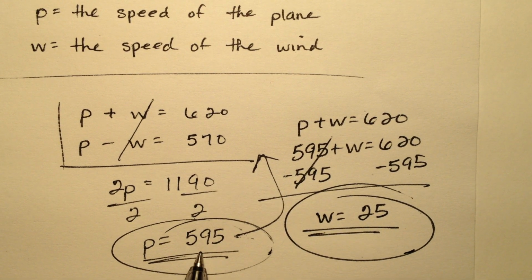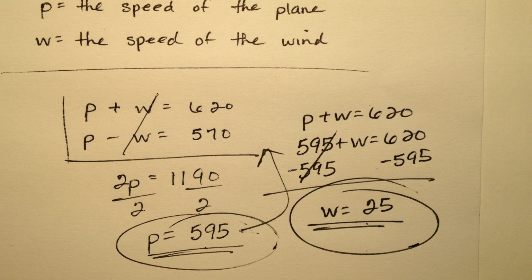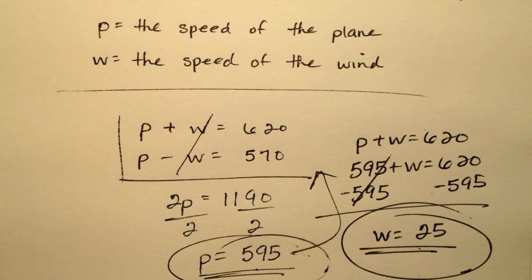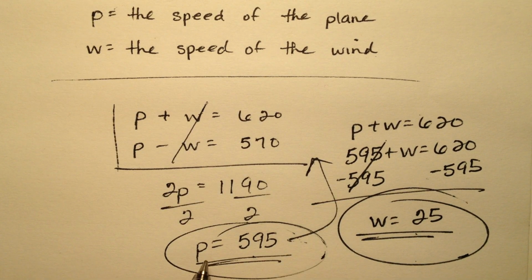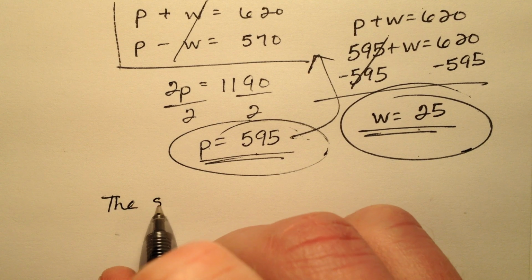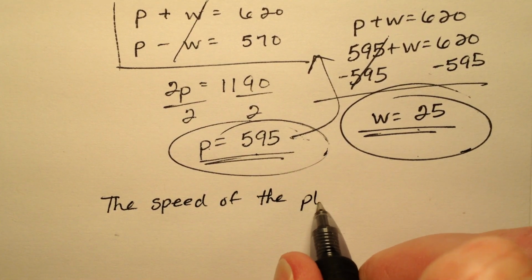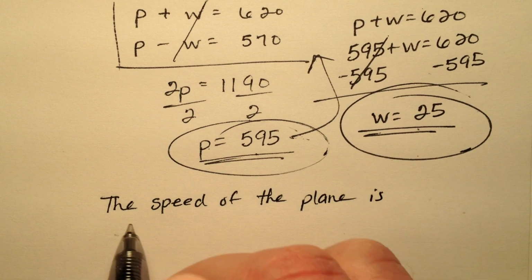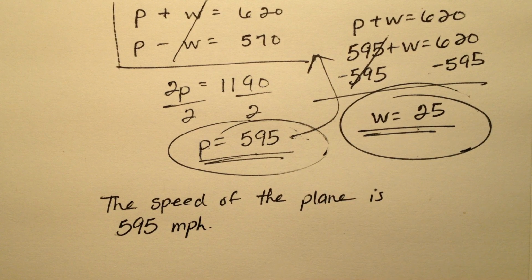So now that I have values for both of my variables, I'm going to write a sentence here that summarizes the situation, and I'm going to do so using my variable definitions. So if P is 595, I know that the speed of the plane, so that's what I'm going to start with, the speed of the plane is 595, and we're talking about miles per hour in this situation.